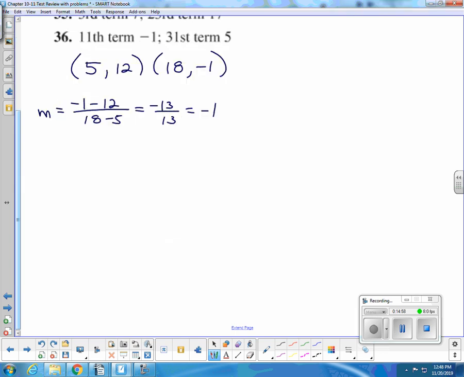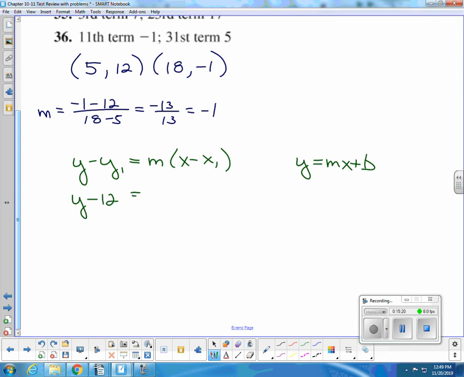And then we're going to find a line from that. Pick whichever point you want. I don't care if you do point slope form, like we did beginning of the year, or maybe you plug it into y equals mx plus b. However you write your line. You do you. I'm going to do this one. I'm picking the first point. So y minus 12 equals my slope times x minus 5.